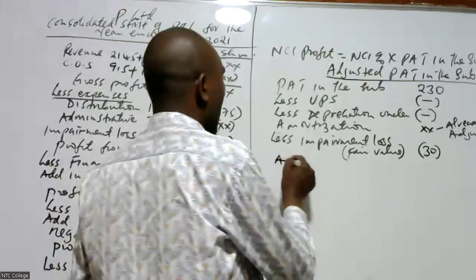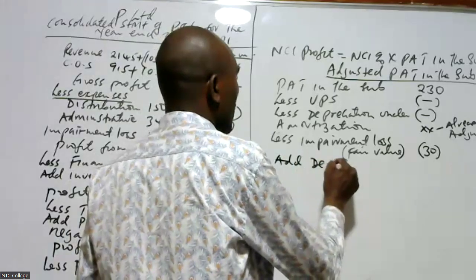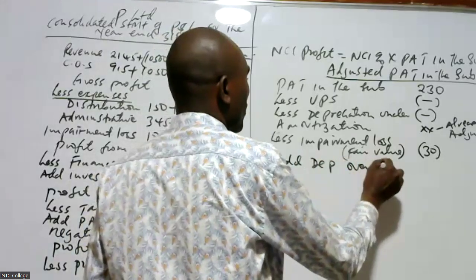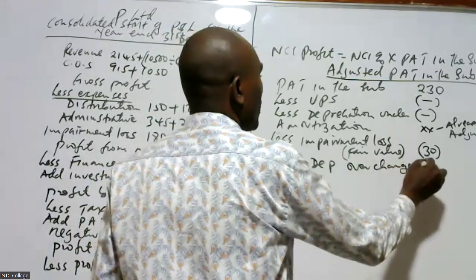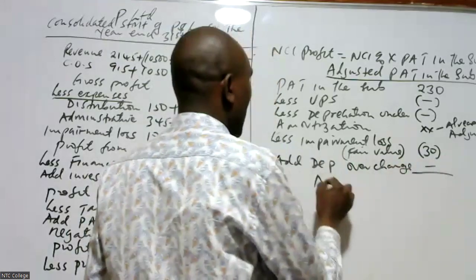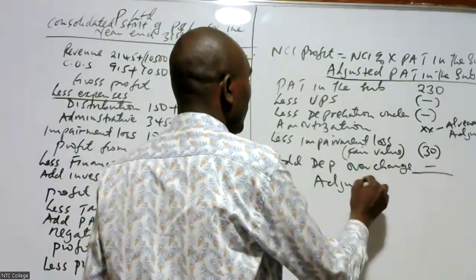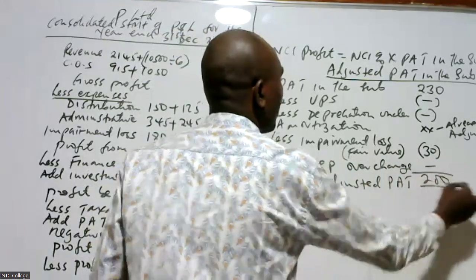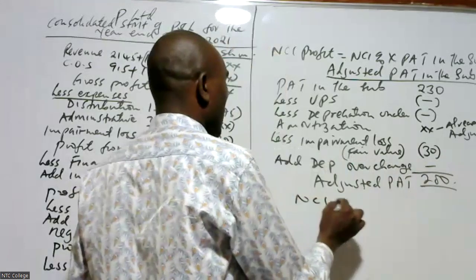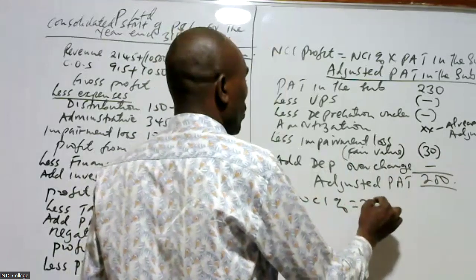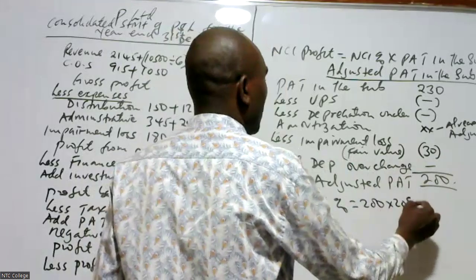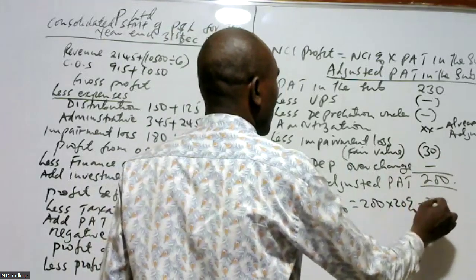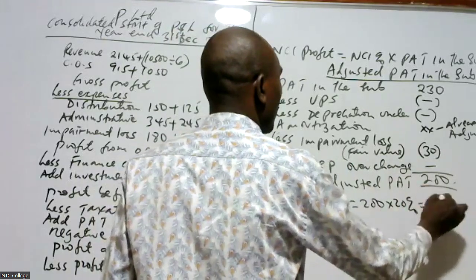Then we come to add depreciation of a charge. In this question, we did not have it. We get the adjusted profit after tax, which is 200. Then NCI percentage equals 200 times 20%, which is 40.